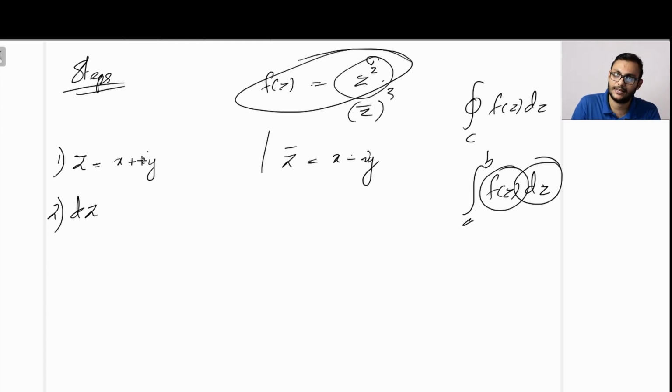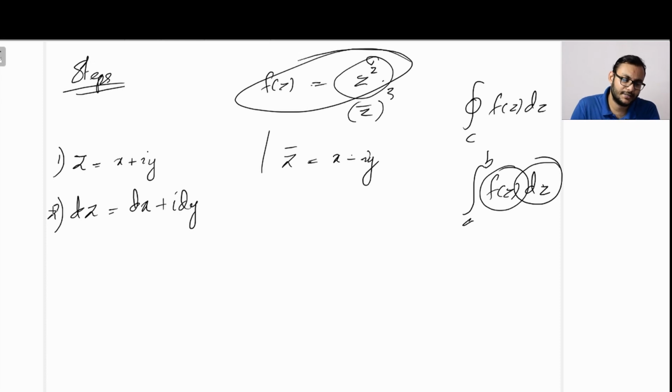In the second step, we are substituting dz is equal to dx plus I dy. This is directly derived from the expression z is equal to x plus iota y.